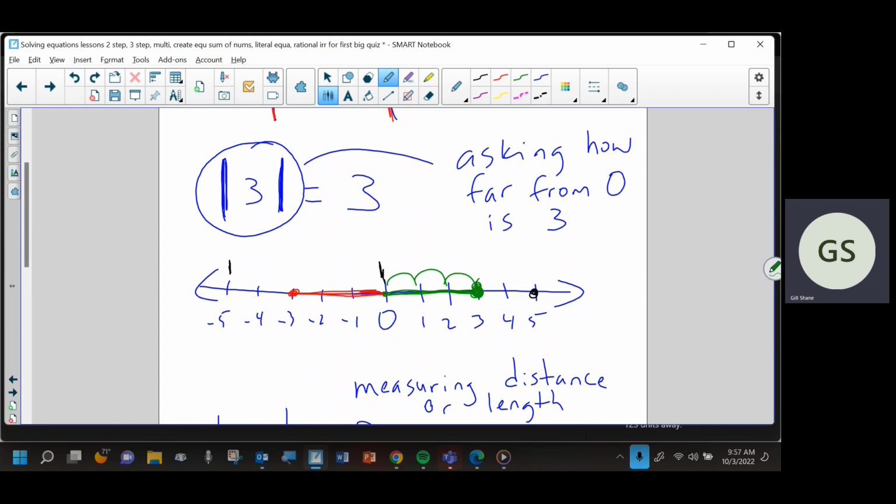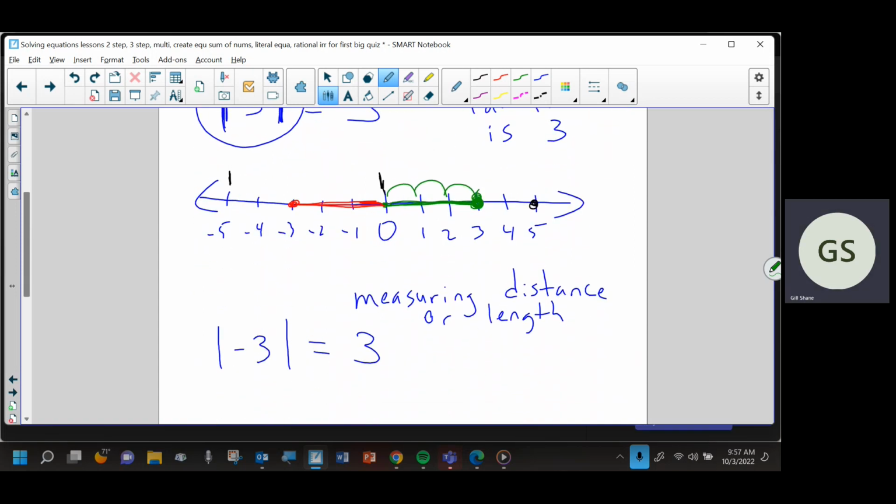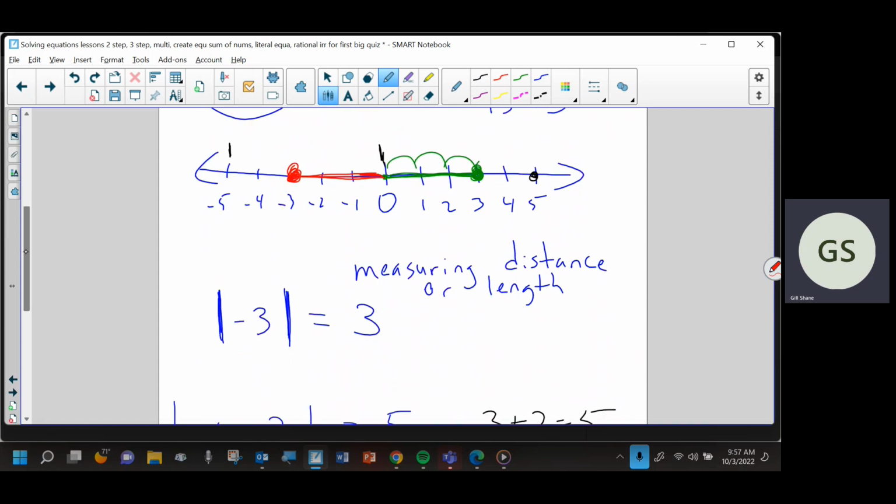The trick is the number negative 3 is also 3 units away. So the absolute value of negative 3 is actually positive 3.